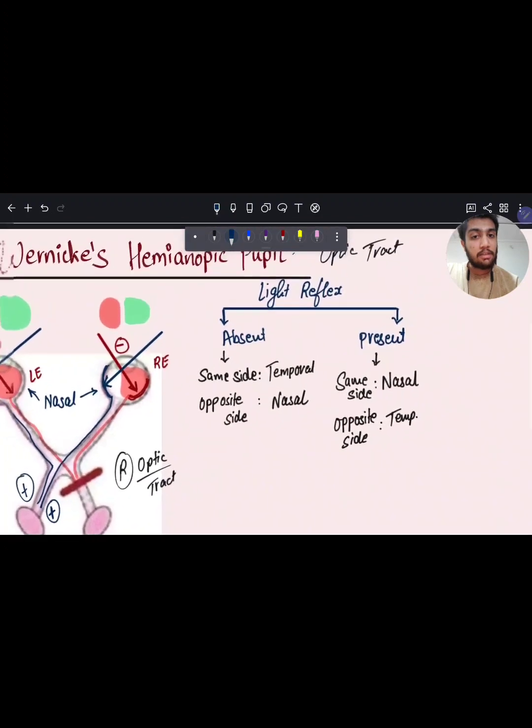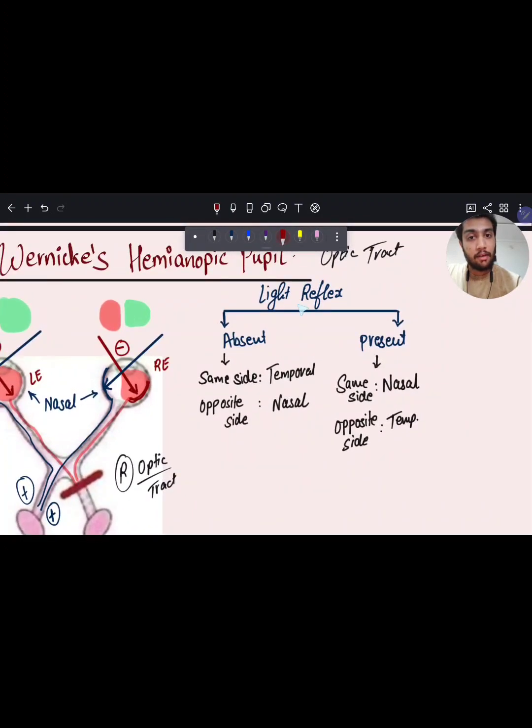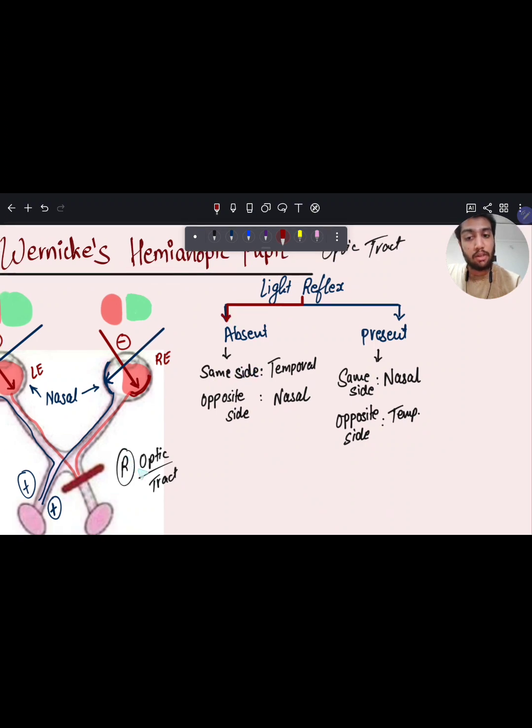And this chart says the same thing. In what conditions will the light reflex be absent? If the lesion is on the right optic tract and you are throwing the light on the temporal retina of the same side, the light reflex will be absent. If on the opposite eye you are throwing the light on the nasal retina, the light reflex will be absent.